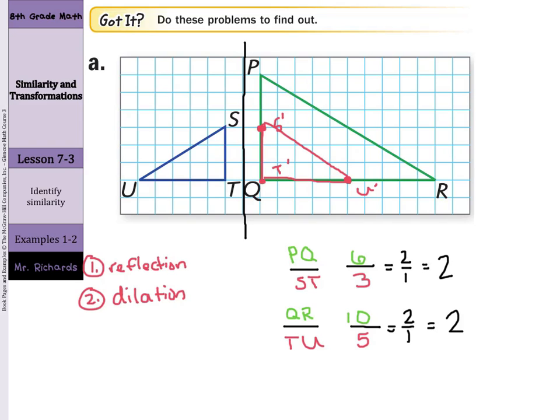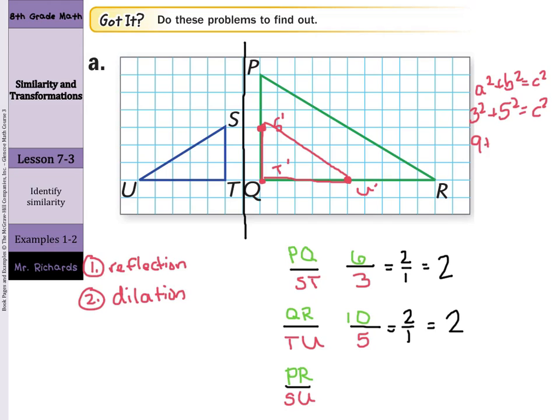Now the tricky side is SU and PR. So we're going to have PR compared to SU. Now, in order to do that, we're going to have to use our Pythagorean theorem. So to get our smaller one, our SU, if we use a squared plus b squared equals c squared, the length of ST was 3, the length of TU was 5, and that needs to equal c squared.